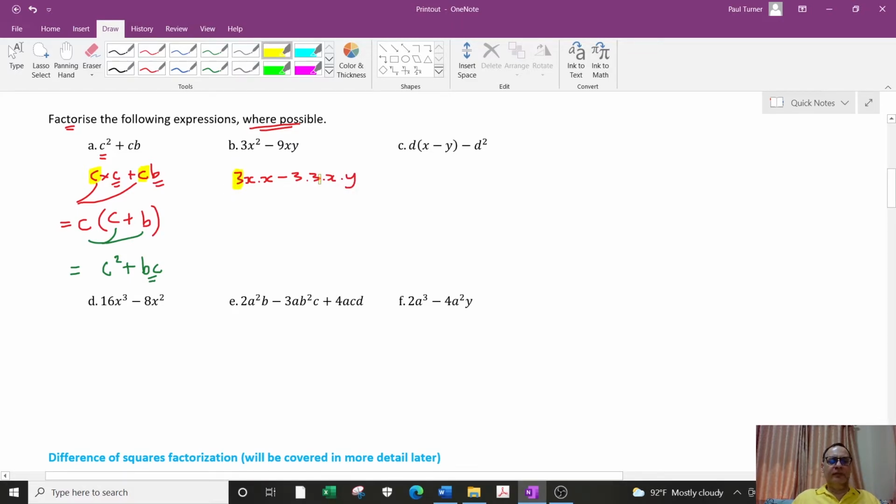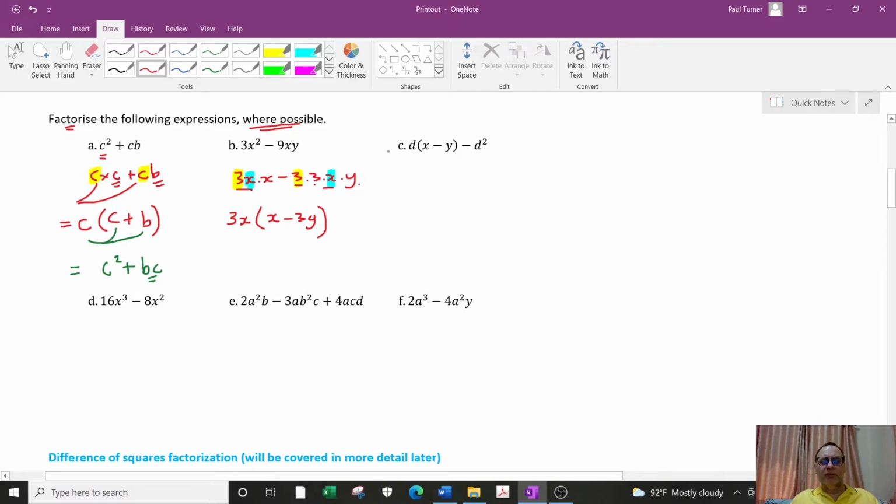We have a 3, we have a 3, we have an x, we have an x. So these are your common factors, 3x. And we write them out the front like that. And then whatever is left over goes in the bracket. So we have an x here, an x minus, and we are left with 3y, like that. And again, check by expanding.